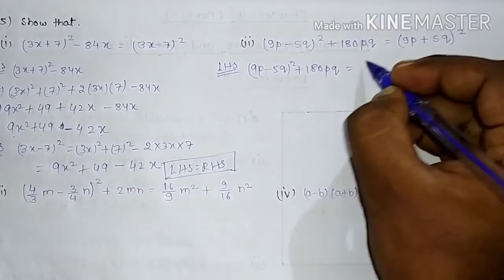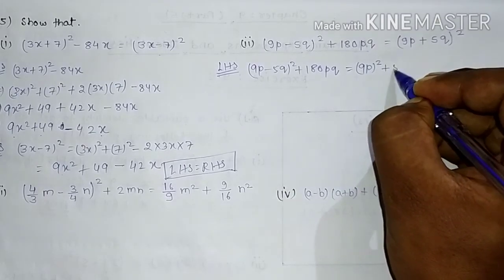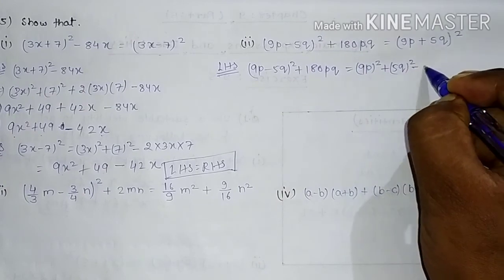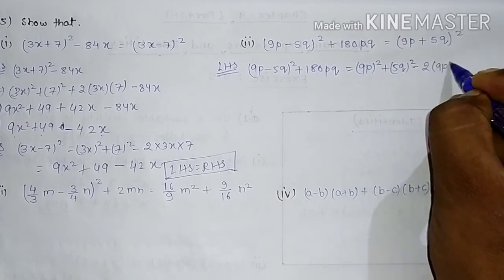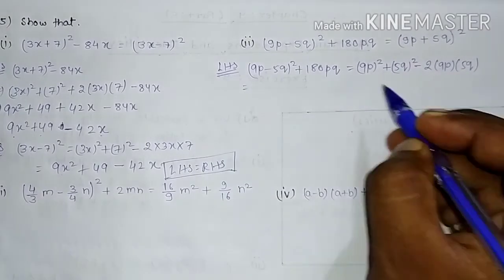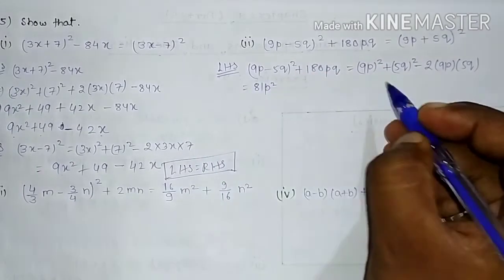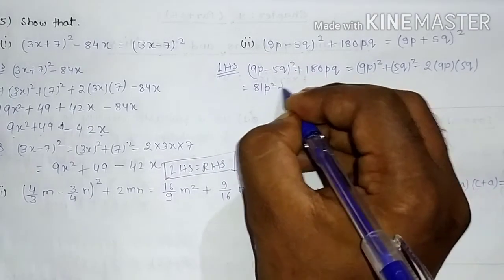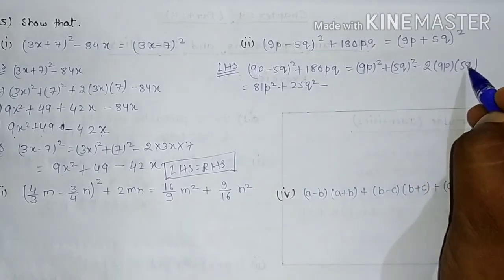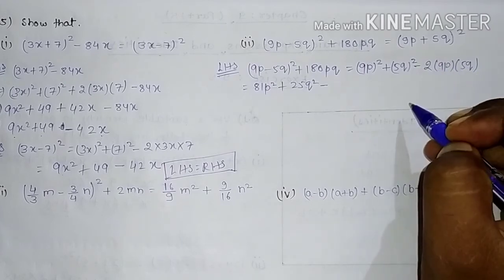So A square, that is (9p) whole square, plus B square, that is (5q) whole square, minus 2AB. So minus 2 into A and B, that is 5q. So (9p) whole square is 81p square, (5q) whole square is 25q square, minus 2 into 9 into 5, that is 9 times 5 is 45, 45 times 2 is 90.